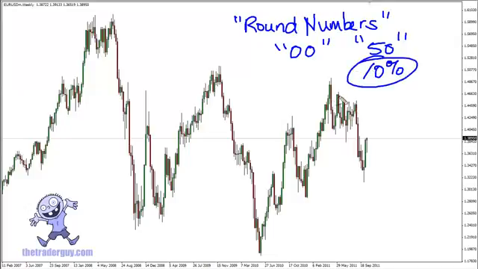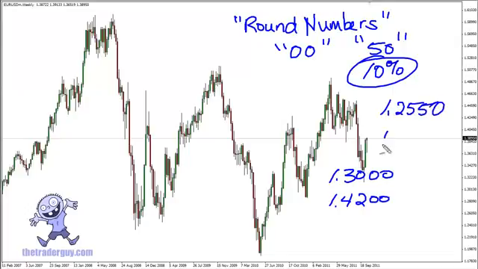This will vary slightly on charts, but I'm about to show you a trick that will clear a lot of this up. So a round number, for example, would be 130 even, 142 even, for example. A 50 number, of course, would be 125.50, 131.50, and on and on.